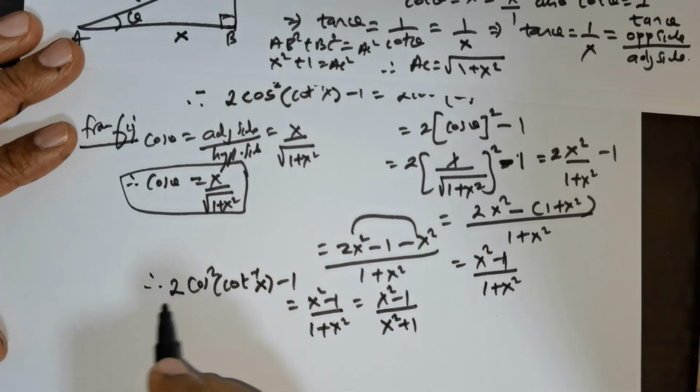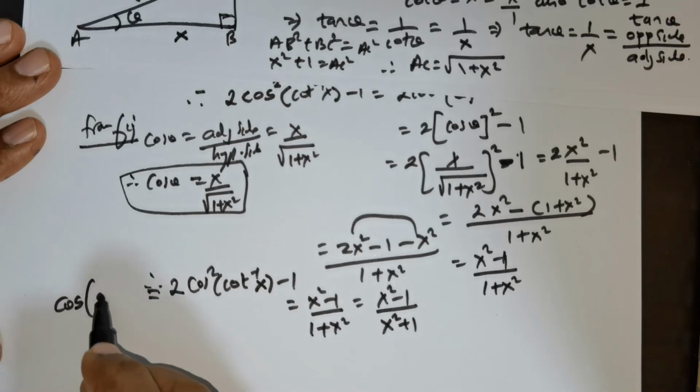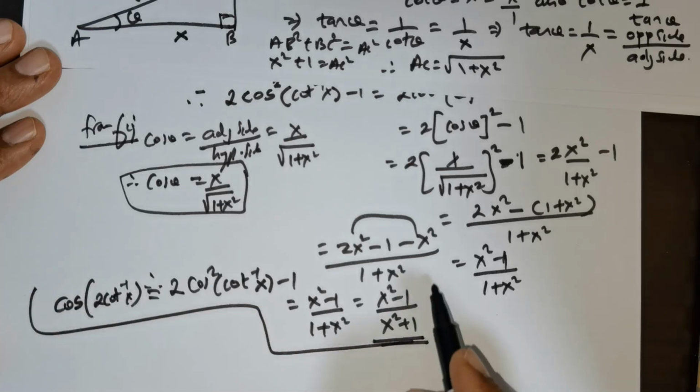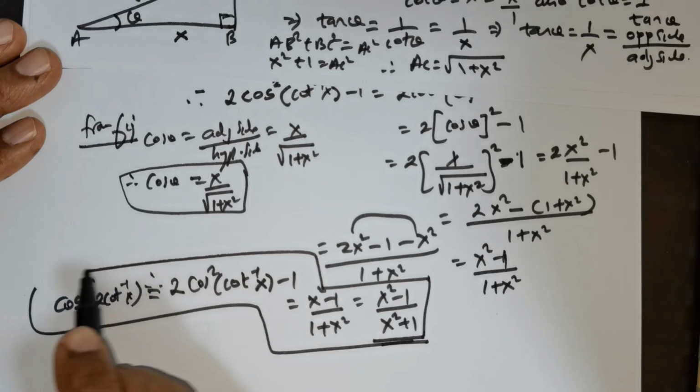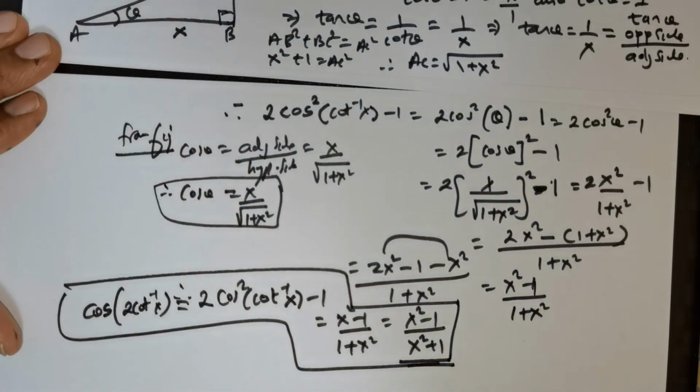So this is nothing but my cos of 2 times cot inverse of x. So this is the result, right? So the flow goes in this fashion. I hope you like this question. We'll move on to the next one.